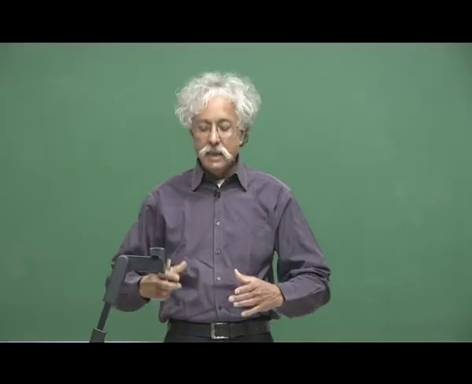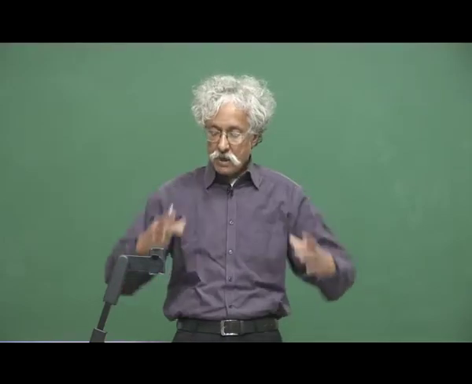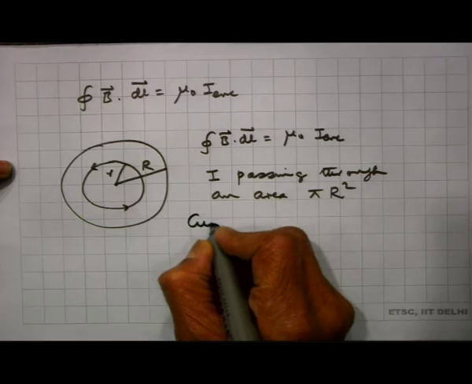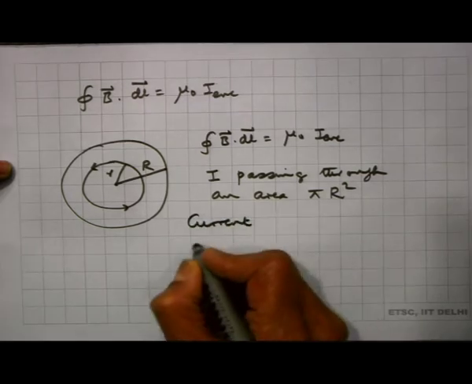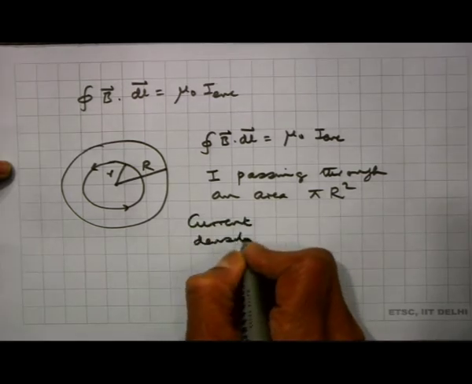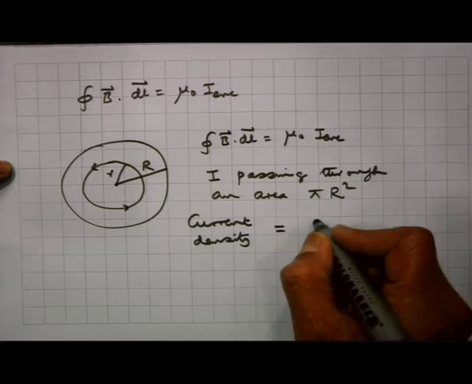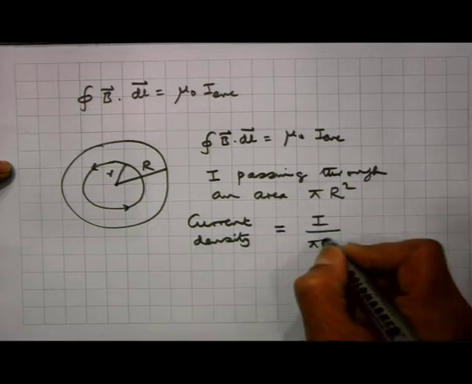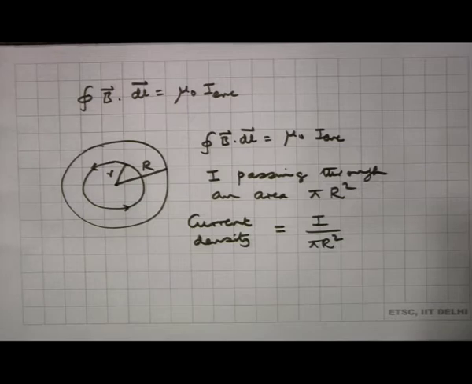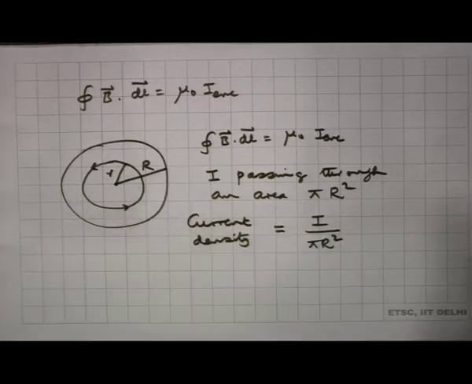So, the current I is carried over a wire of cross sectional area pi R square. So, I can define what is called the current density, which is current per unit area, which is I by pi R square. If you take a unit area perpendicular to the wire, the current passing through it is I by pi R square.